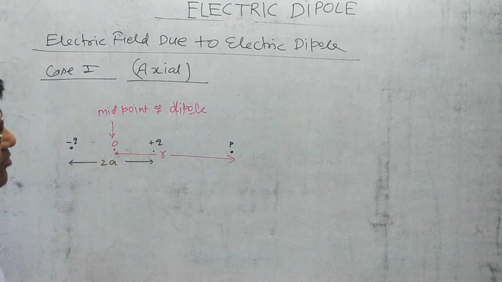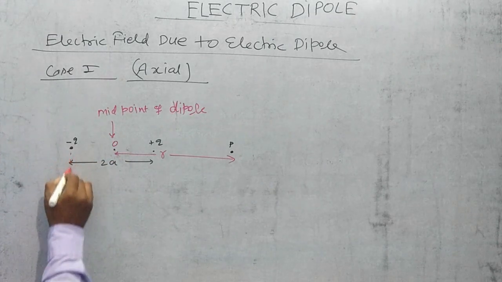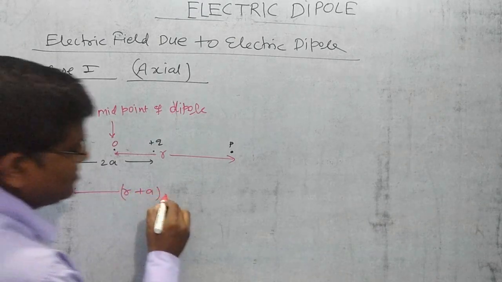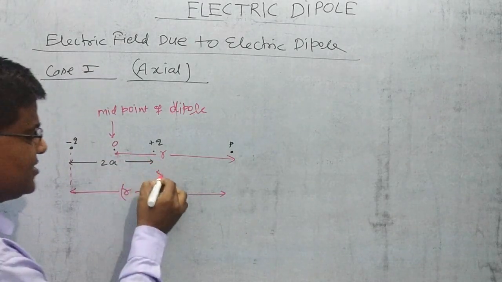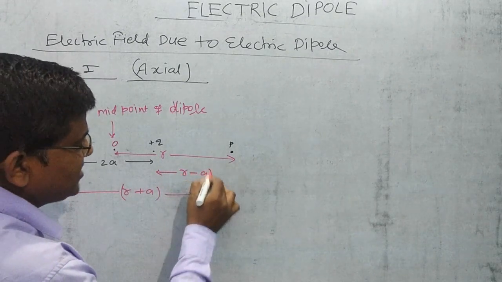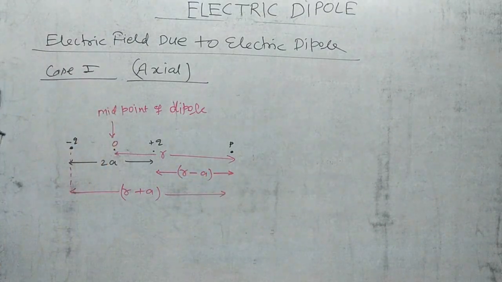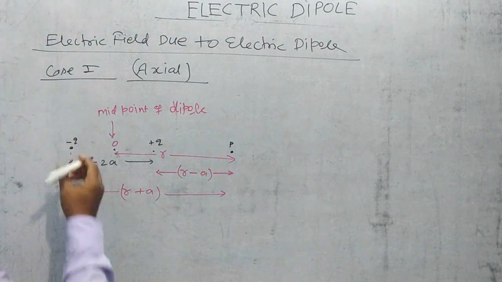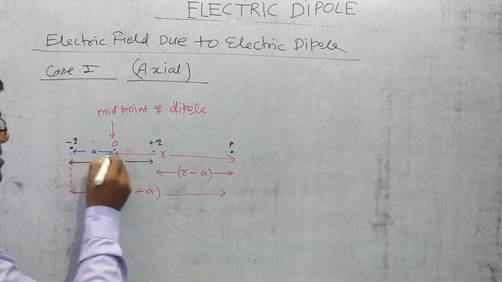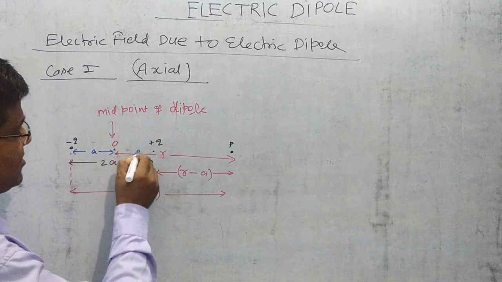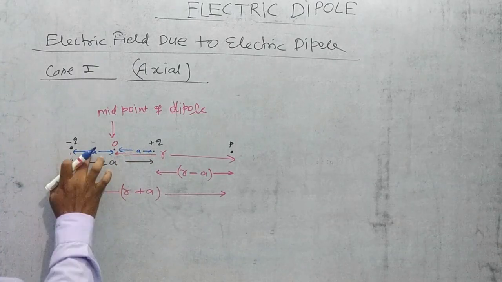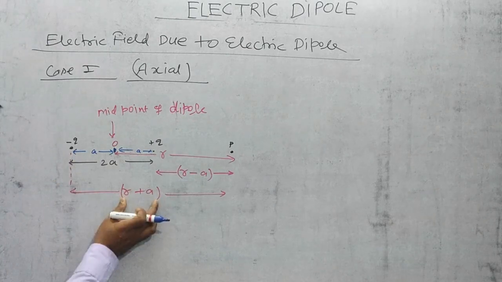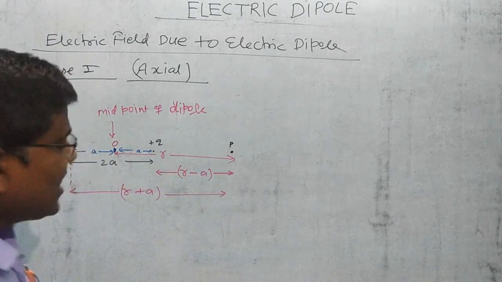Then the distance from one charge is R plus A, and from the other it is R minus A. You can see the distance here is A, this one is A, and the distance from here to here is R. Then this is R plus A, and this one is R minus A.